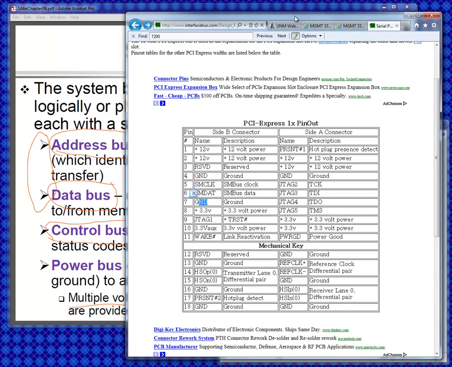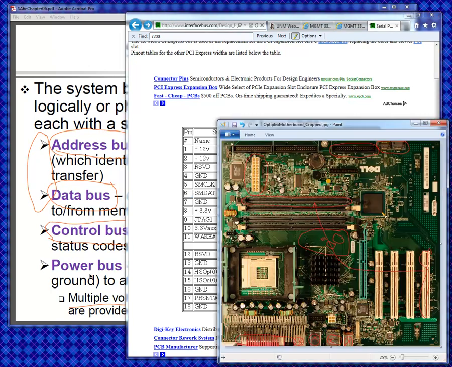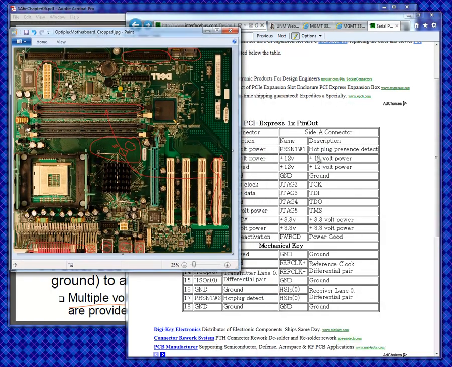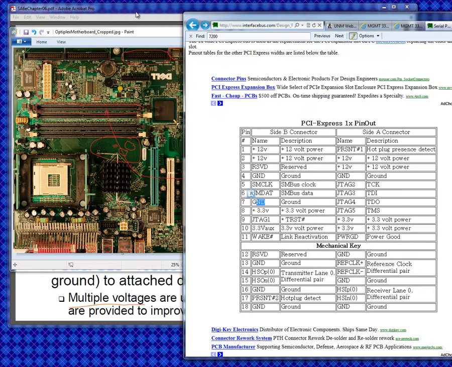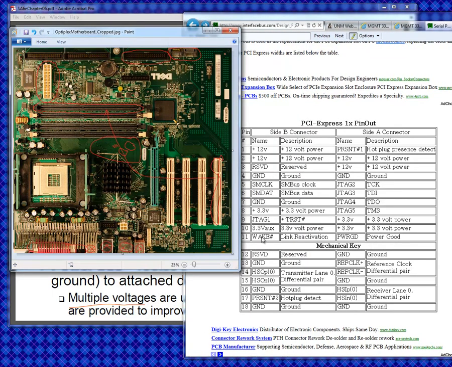So this is how the PCI Express lays out in terms of the various connectors. Think of this as, let's see if I can get them up side by side. And of course, we're talking about two different generations of bus standards here. But think of this table on the right as describing each contact pin on one of these white connectors down here on the lower right.